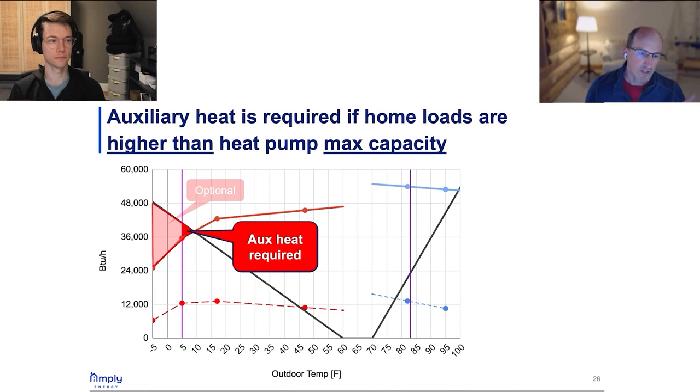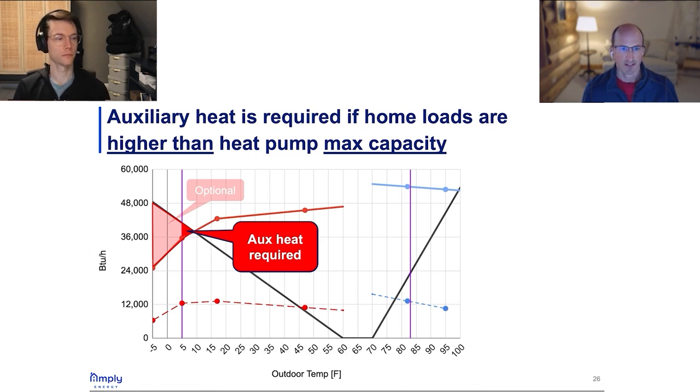But there's a whole other region going even colder than design temperatures where it's technically optional, but recommended to have some additional heat strips or furnace if you're doing a hybrid system, for those few times of year where you're going to have colder temperatures. It's not required for variable capacity because, as the curve is showing on this particular chart, the heat pump's still operating way beyond -5 degrees Fahrenheit.